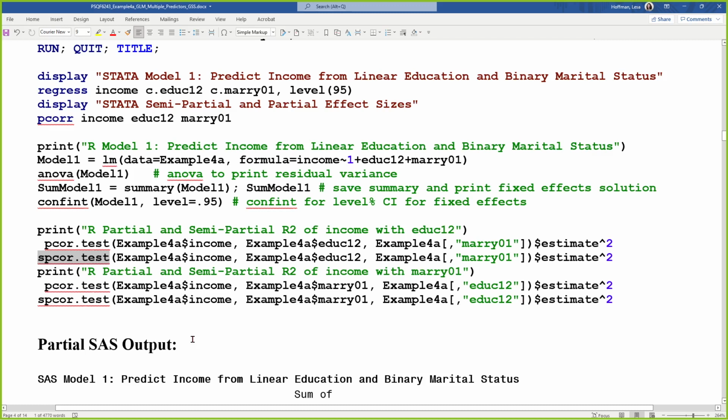And because I'd like them to be the squared versions, I asked it to generate that output where it's the correlation between income and education, controlling for this part, and then square it. So this is going into the results and asking it to take that term and square it and then print the squared result. So then it's in an R squared metric. So I did that for education as the predictor, controlling for marital, and then for marital as the predictor, controlling for education.